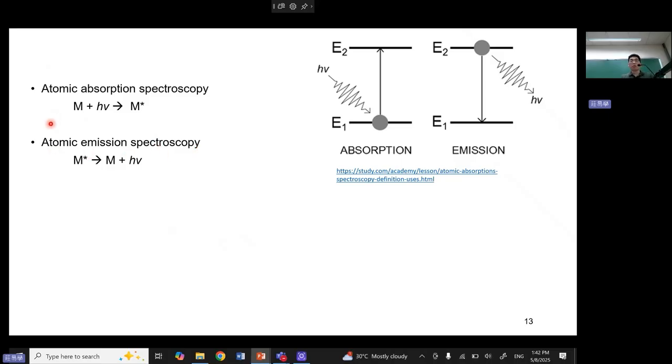For absorption spectrometry, we base on the absorption of your target elements, and for emission spectrometry, we need to find a way to get your elements to excited states. And when the electrons return from the excited state to ground state, they emit light.